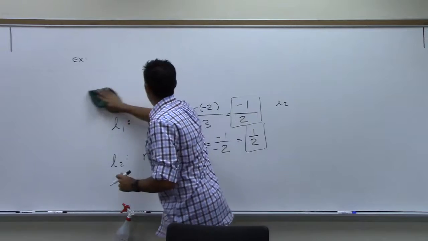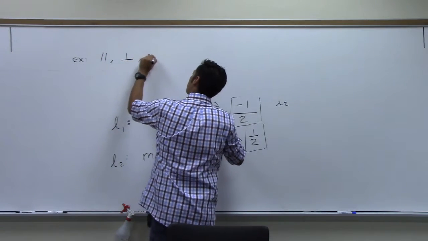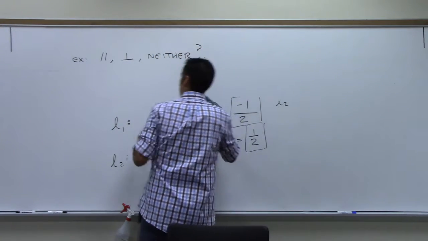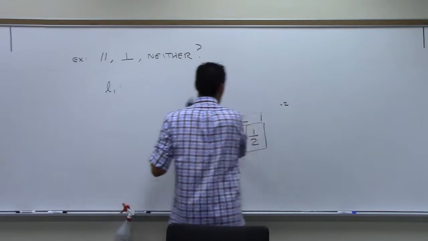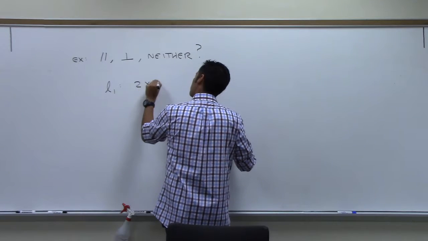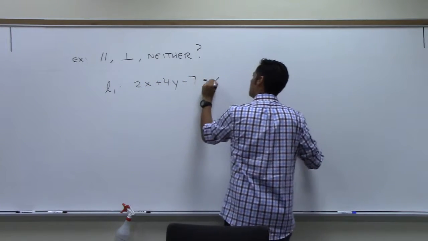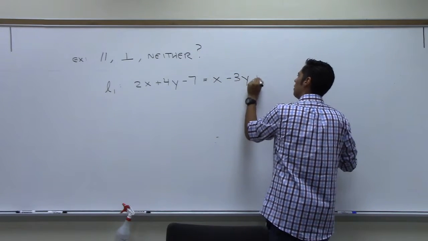All right, let's try something a little different. Same question. Parallel, perpendicular, neither. That's the question. And here are the two lines. L1: 2x plus 4y minus 7 equals x minus 3y plus 3.